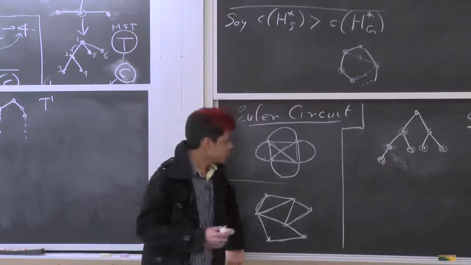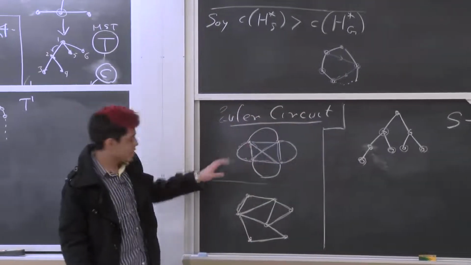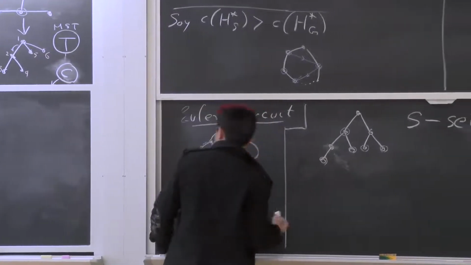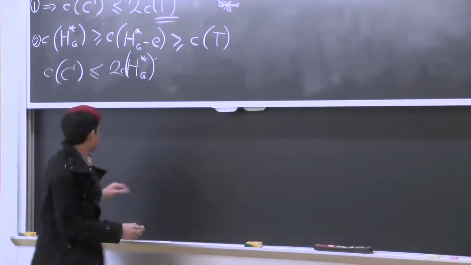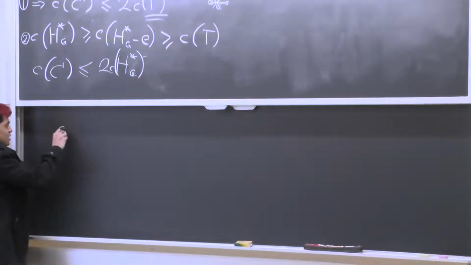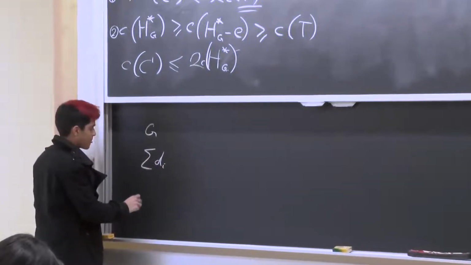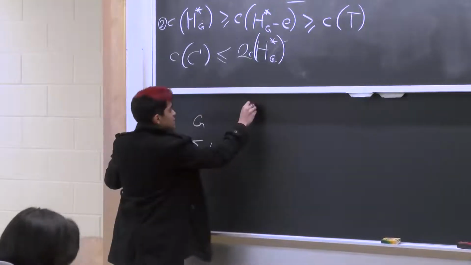So the thing is that let's say you have some graph, and what is the sum of the degrees of the graph? So let's move to a different board for this. So you have a graph G, and you want the sum of degrees, where d_i is the degree for all v. So what is this equal to? So let's say you have this graph.